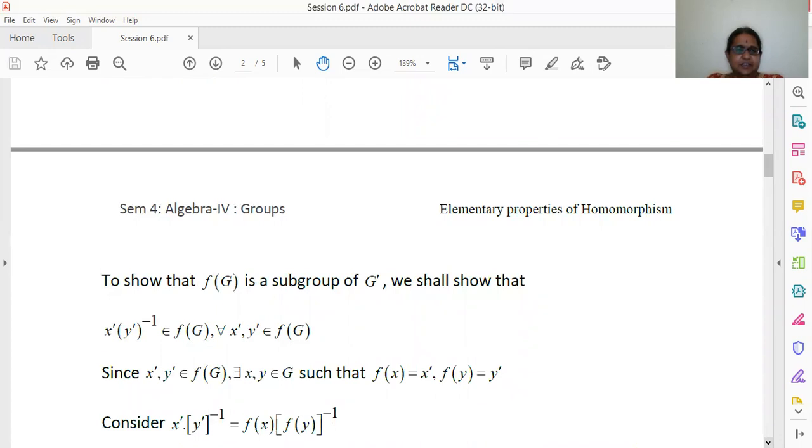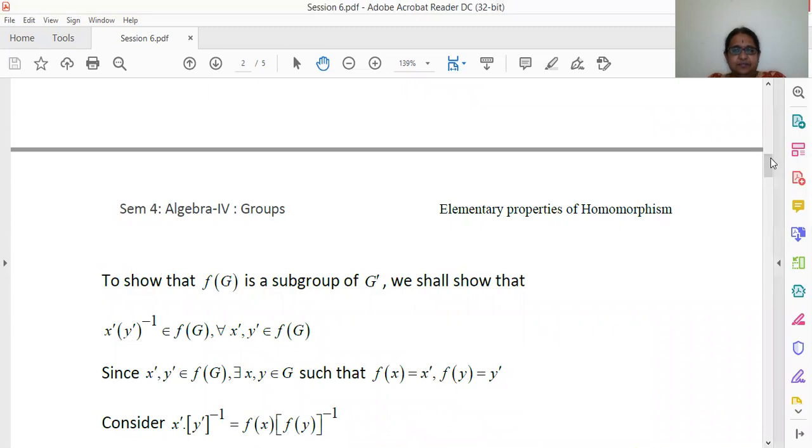Since x dash, y dash belong to f of G, there exist pre-images in G. That is, there exist x, y belonging to G such that f of x is equal to x dash, and f of y is equal to y dash. So consider x dash dot y dash inverse. This is equal to f of x dot f of y inverse.